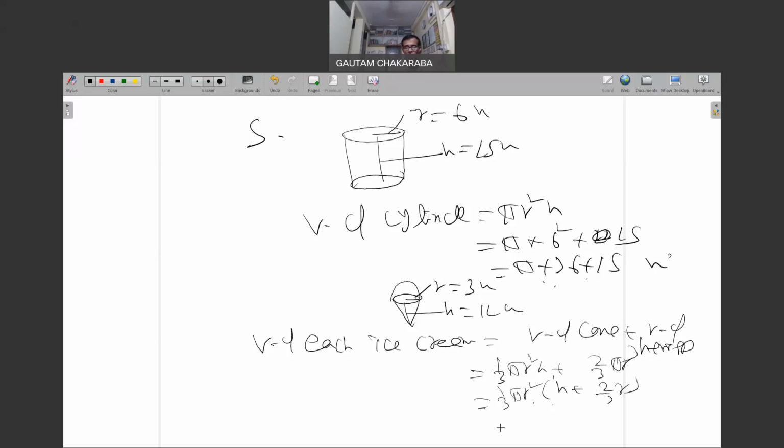After that, 1/3 pi, r is 3, so 9, h is given 12, and 2/3 into radius 3, that is 3 cancel, 12 plus 2, 14. 1/3 pi 9 into 14.